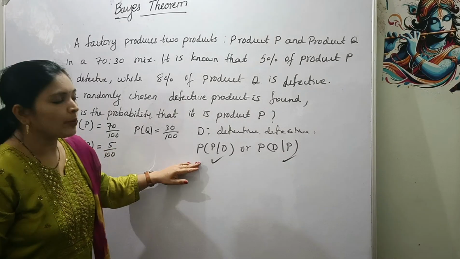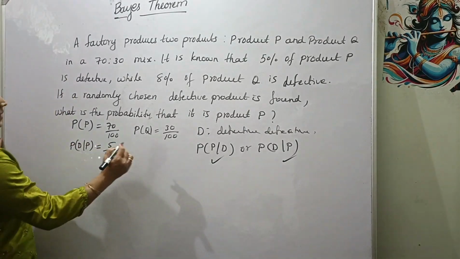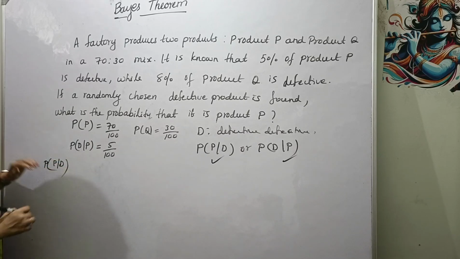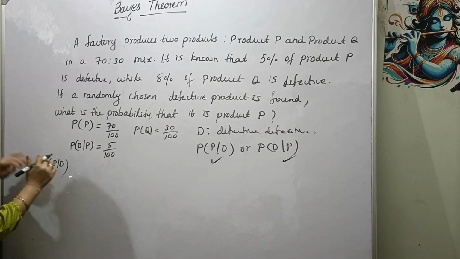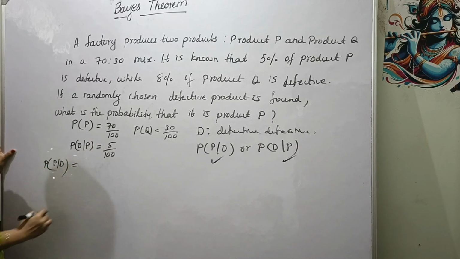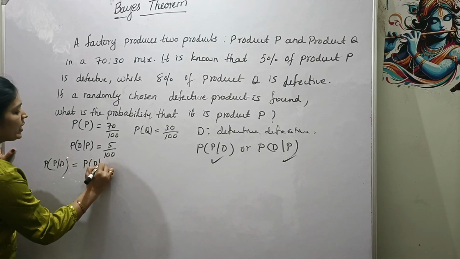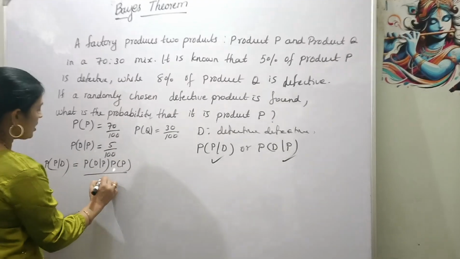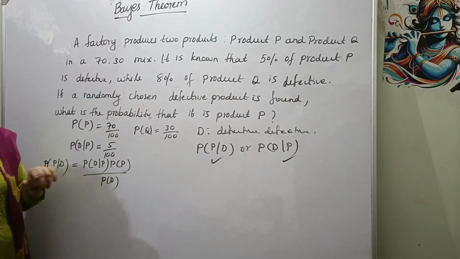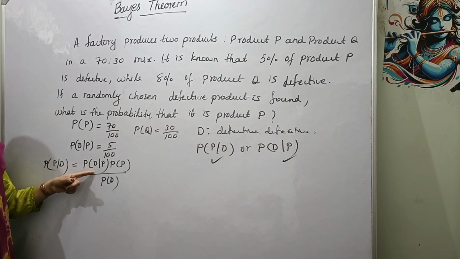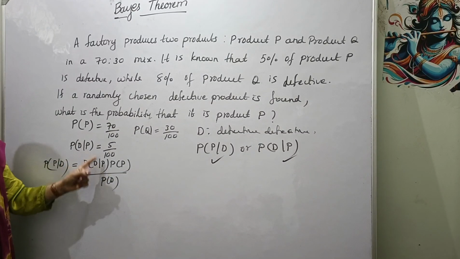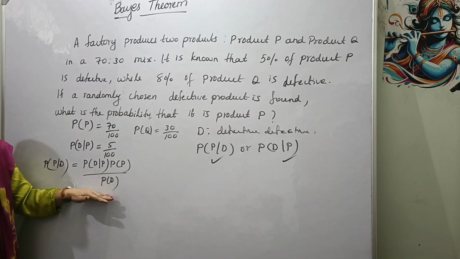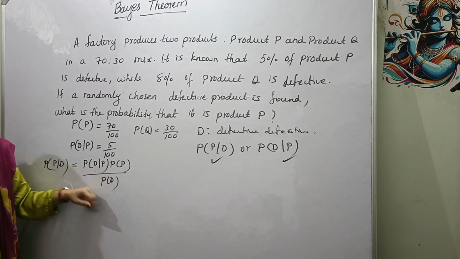Now we have to find probability of P given D. Here we will apply Bayes theorem. Probability of P given D is equal to probability of D given P into probability of P divided by probability of D. We know probability of D given P, we know probability of P, and what is probability of D? We don't know probability of D.